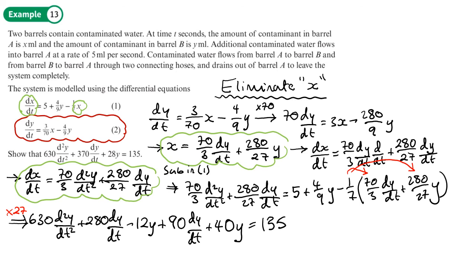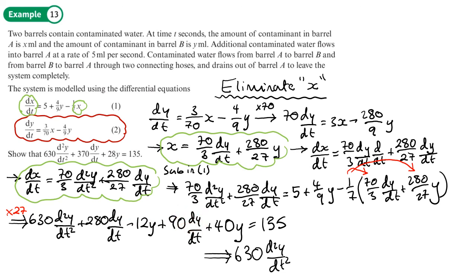Now let's tidy this up. So I have 630 d²y/dt². Right, what else happens? Well, we've got 280 of these dy/dt's plus another 90 of these.